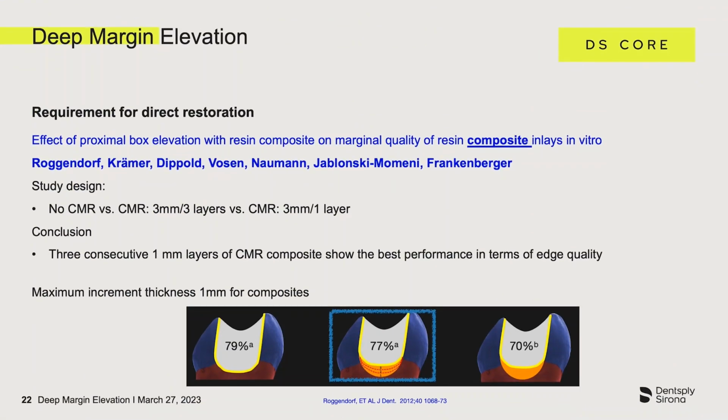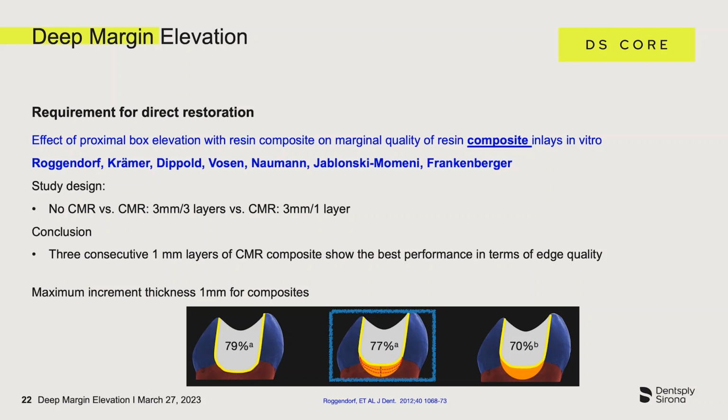What requirements must the proximal filling fulfill in the context of deep margin elevation? This was examined in the present study, and it was found that a maximum increment thickness of 1 millimeter with a total layer thickness of 3 millimeters leads to significantly better marginal qualities than only one increment with a thickness of 3 millimeters.